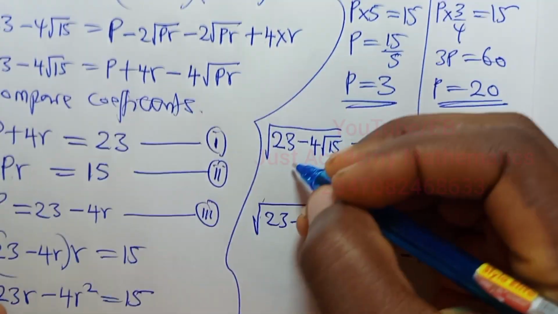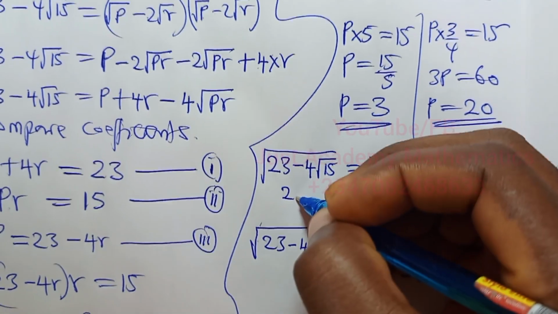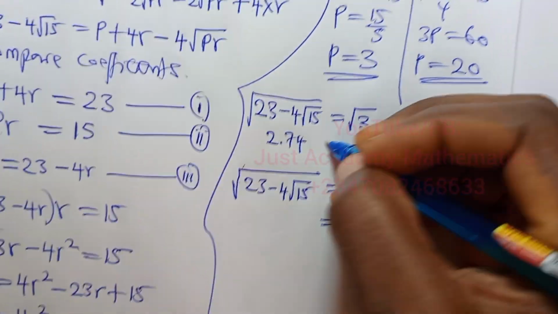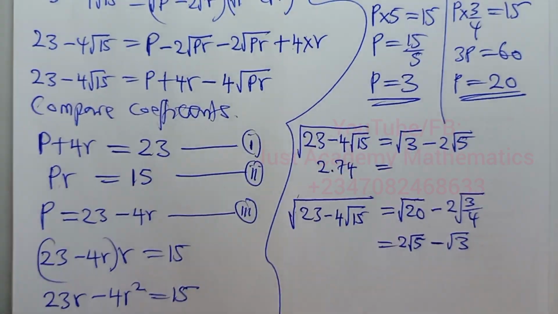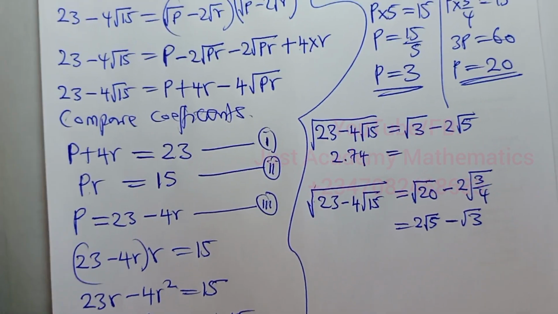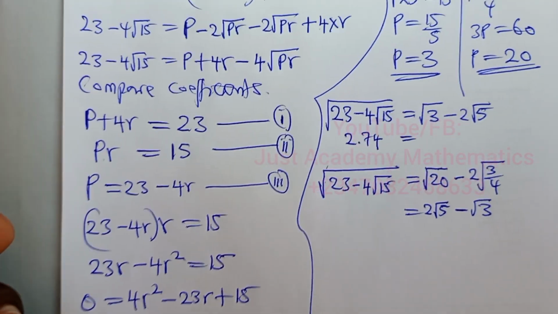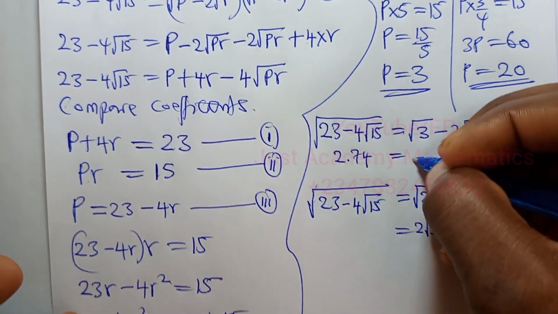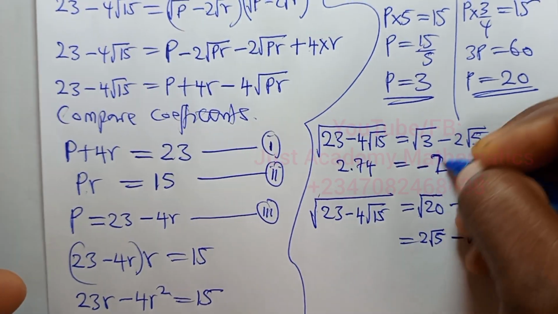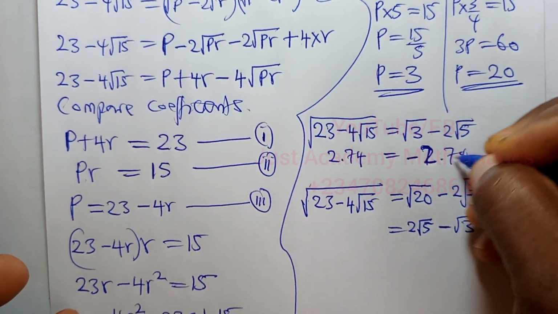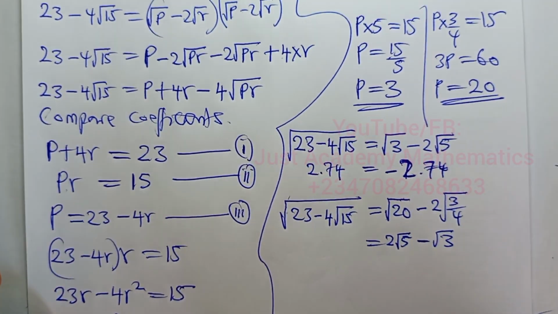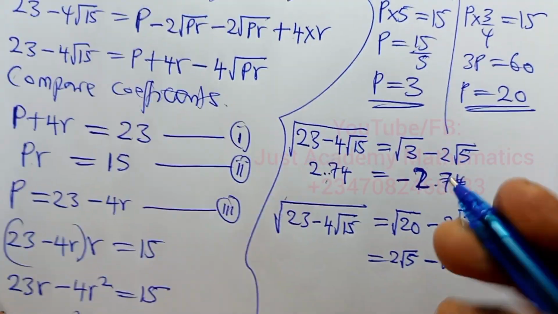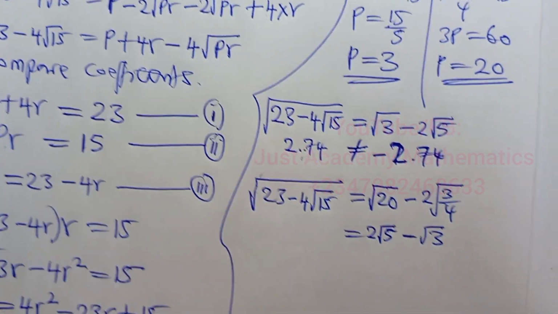So the whole of this is giving me 2.74. Let's check the other side, which is root 3 minus 2 root 5. This is giving me minus the same value, minus 2.74, not plus. So this and this are not equal, because minus 2.74 and plus 2.74 are not the same. So this is not equal.